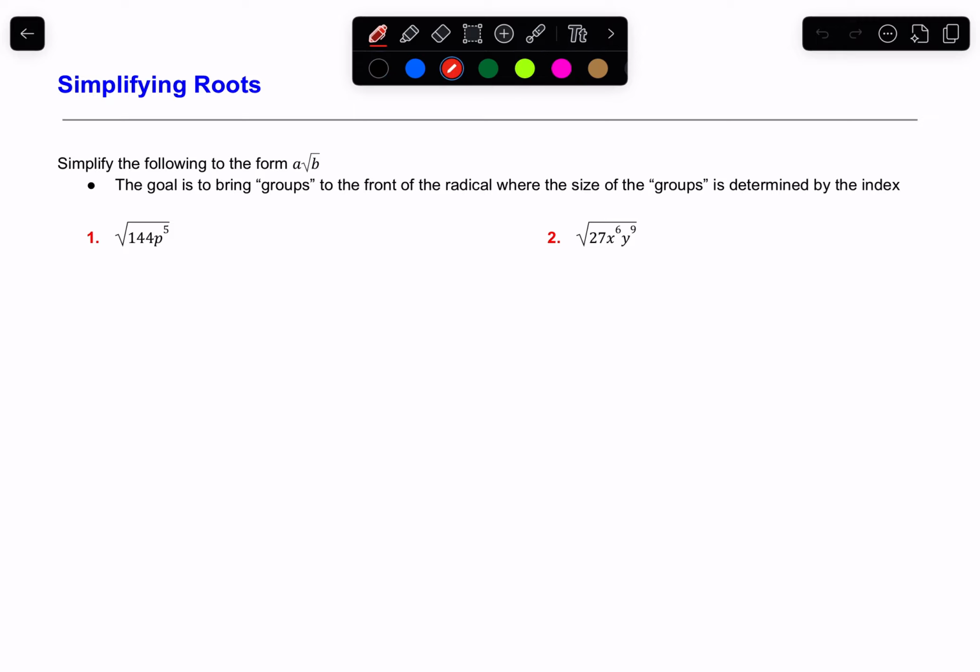We saw previously that the square root of 100, for example, is equal to 10. It didn't feel like it when we did it, but we were pulling a 10 out of the radical.